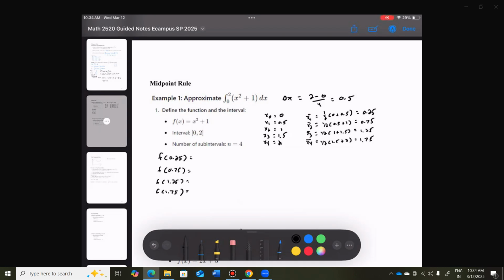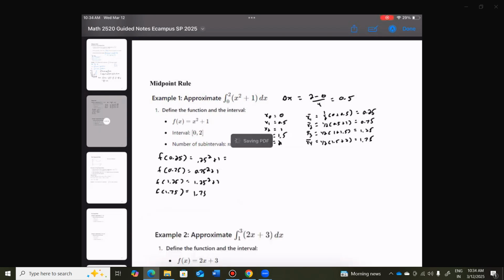Right. So it's just, put this into your function. 0.25 squared plus 1, 0.75 squared plus 1, 1.25 squared plus 1, 1.75 squared plus 1.